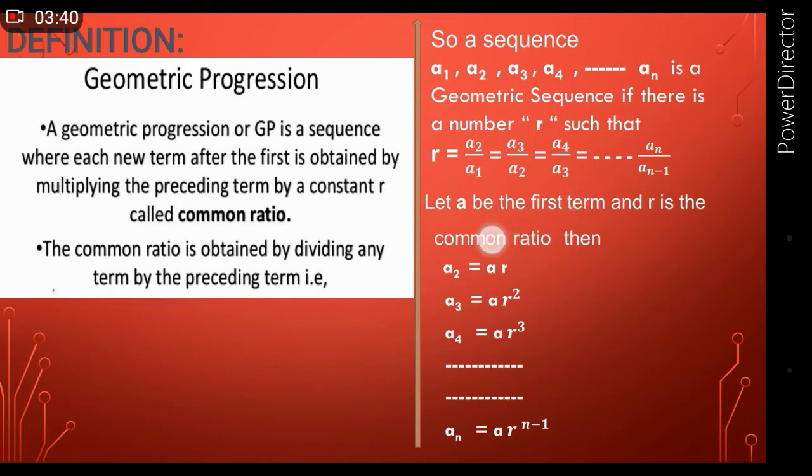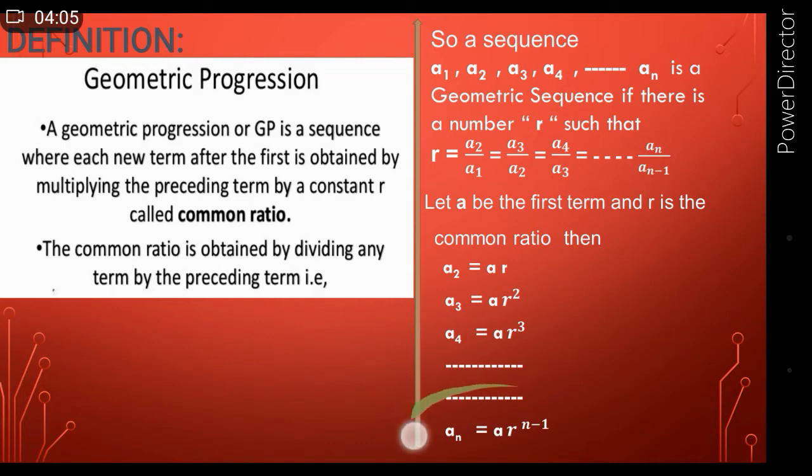Similarly, when we multiply ar with r, it becomes ar square, and it becomes a3. Similarly, a4 is equal to ar cube. Why are we getting ar cube? Because the previous term was ar square. When we multiply ar square with r, it becomes ar cube.